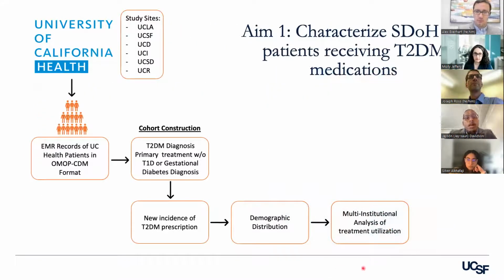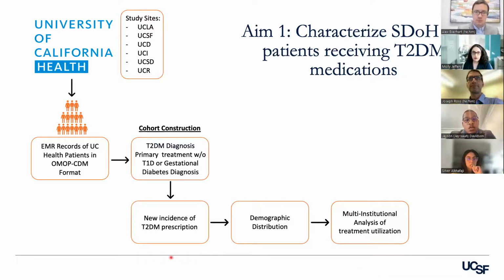So in aim one, we're characterizing social determinants of health for patients receiving type 2 diabetes medications. We will perform cohort defining and phenotyping, where we take patients with a type 2 diabetes diagnosis with primary treatments in the UC Health Center that are linked with ADI percentile information.